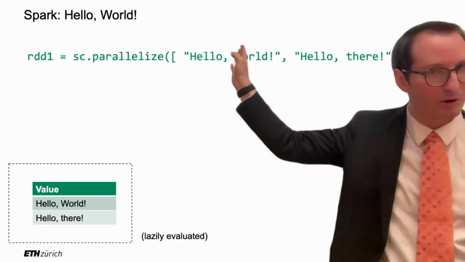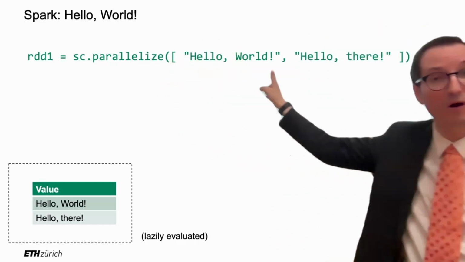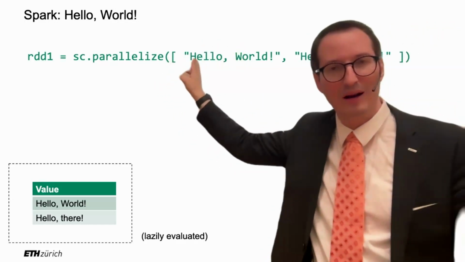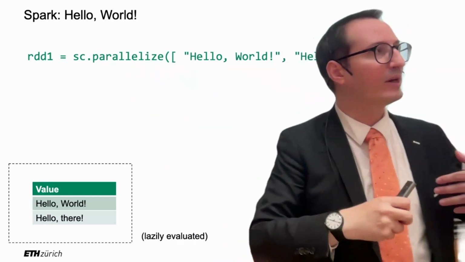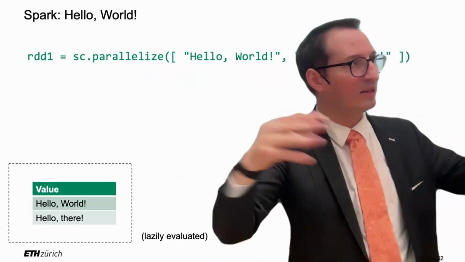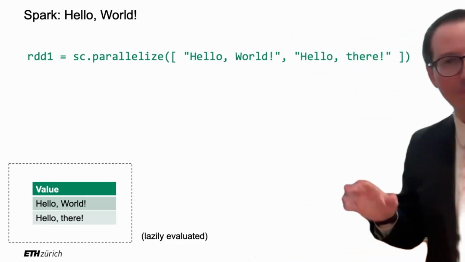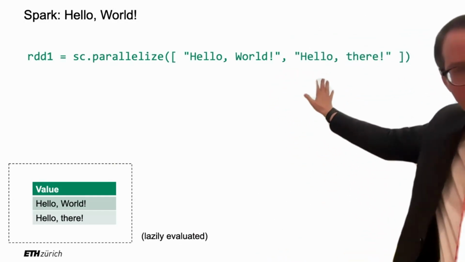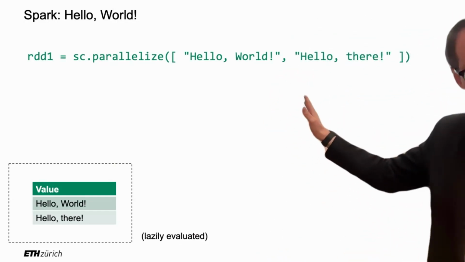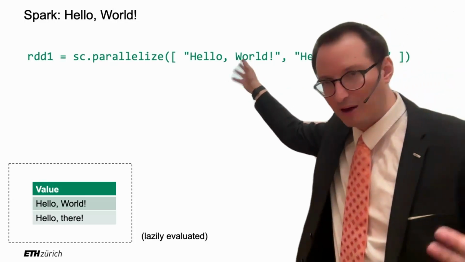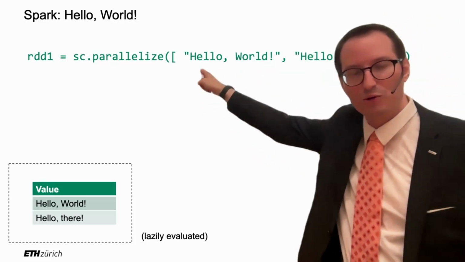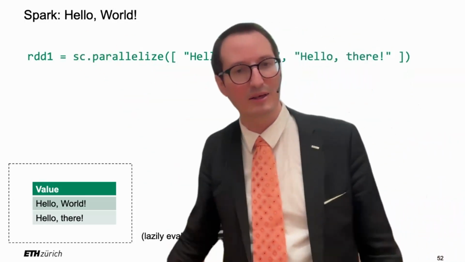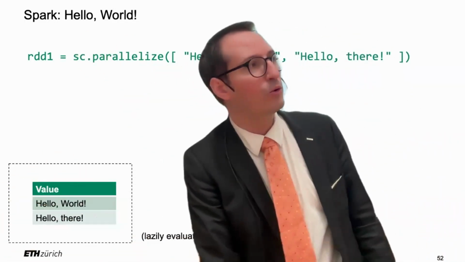Here it's boring, it's just 2 strings, but basically it's a local Python list on your client, right? When you invoke parallelize, it's going to send that list to the cluster and distribute it, which I agree is totally ridiculous with just 2 values, but that's only an example, right? Typically you would have thousands or many more values than that. But basically, once you call parallelize, you create an RDD, and that's what the RDD would look like.